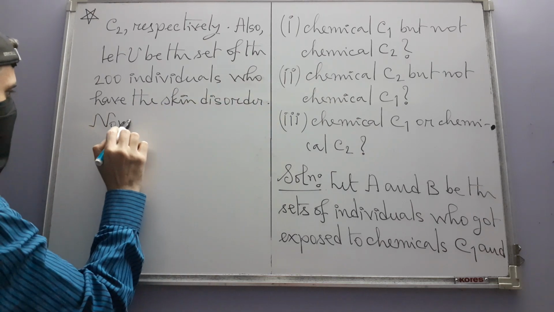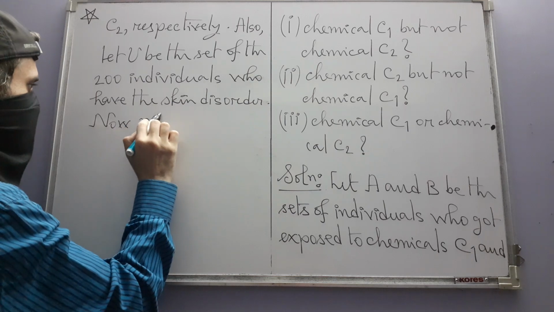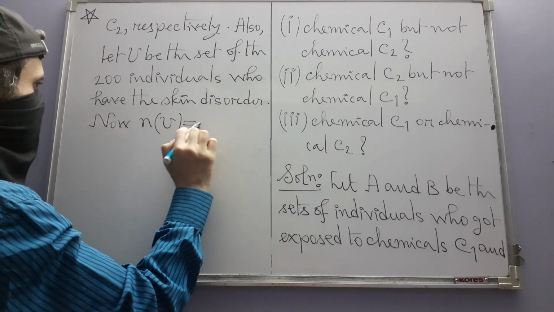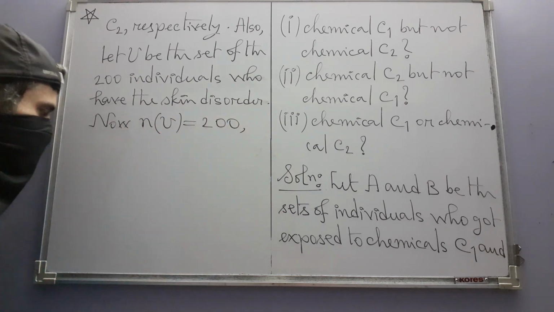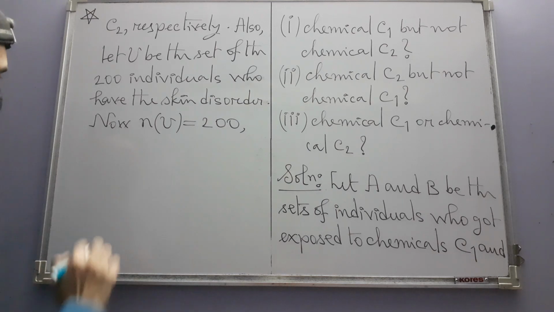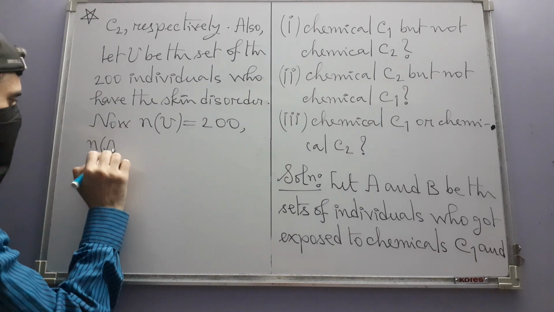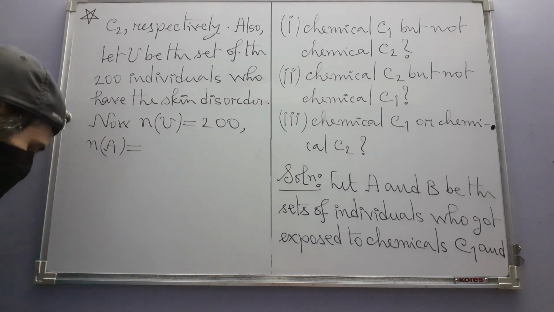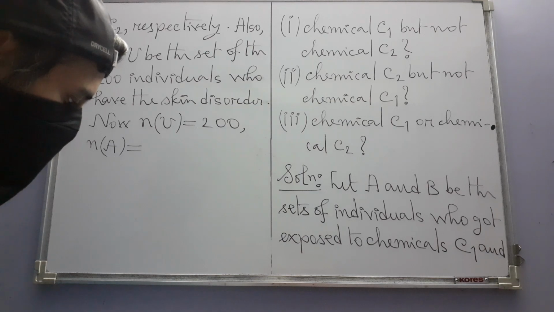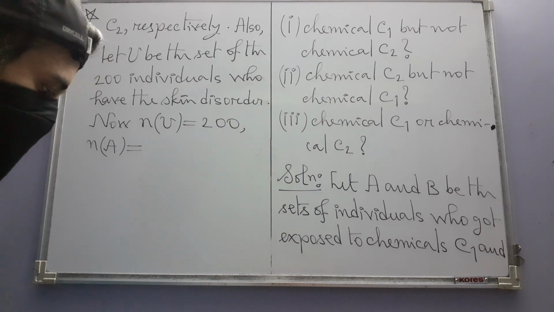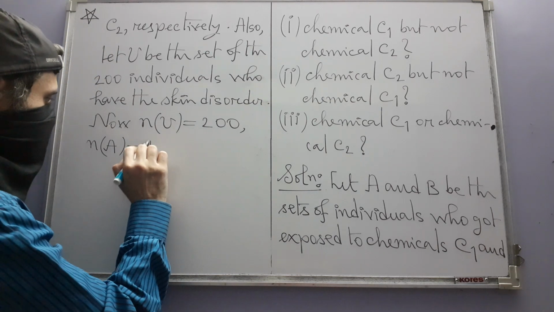And now we can write the numbers. So the number of elements in U is 200. Then the number of elements of those people who got exposed to chemical 1 is 120.